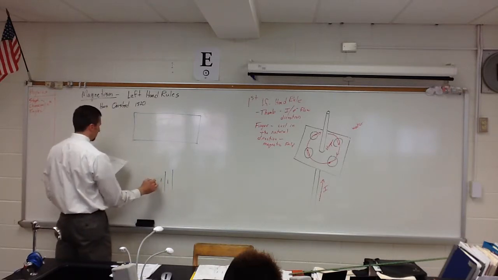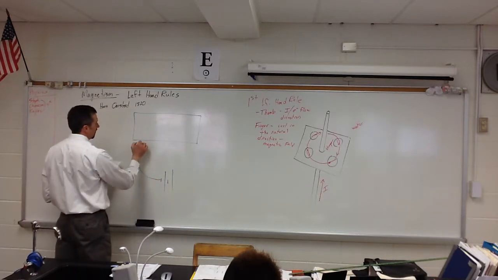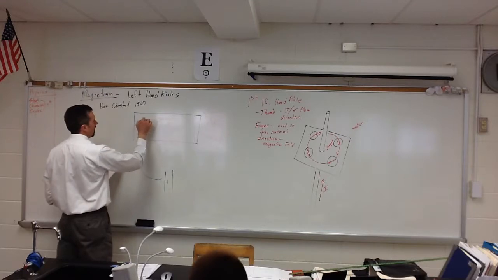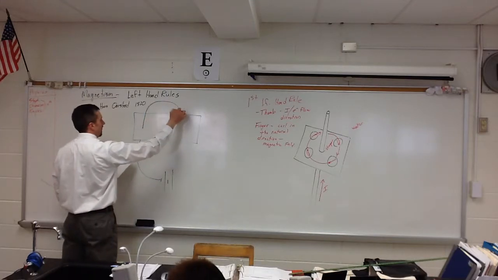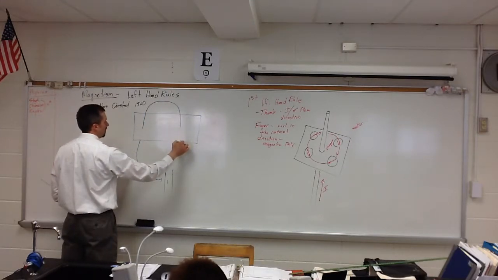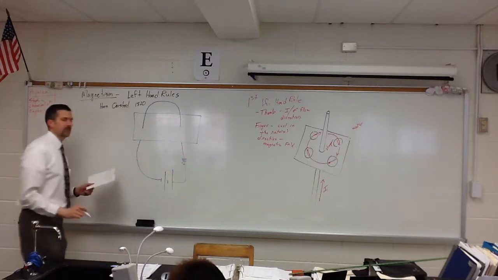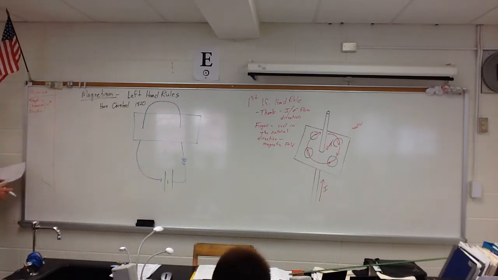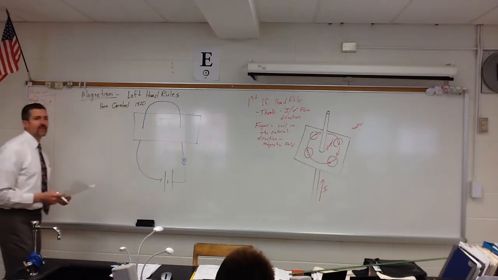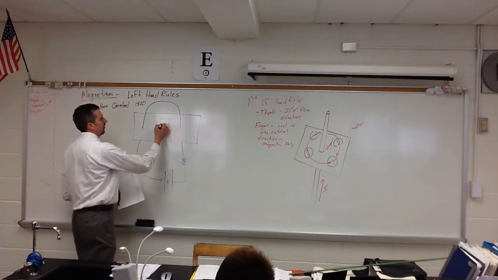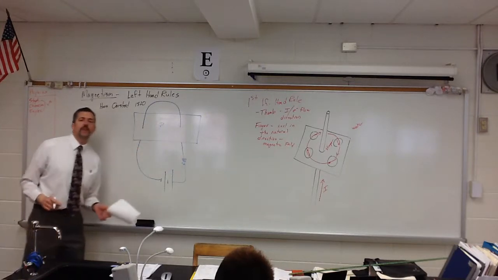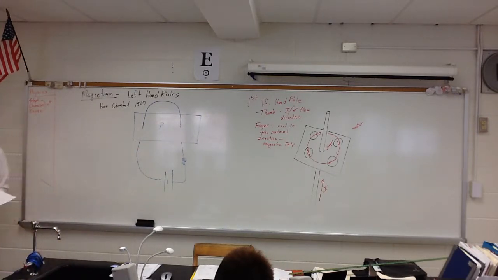And in this example, I'm gonna come up through the bottom of the cardboard here. I'm going to drop back down through the cardboard and return to the battery. Let's put a resistor in there so we don't short circuit the battery. Okay. So in this case, I want to know what direction is the magnetic field between the two wires on the piece of cardboard.